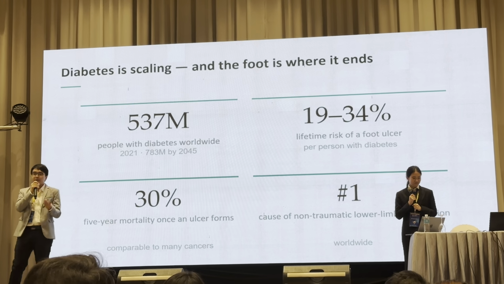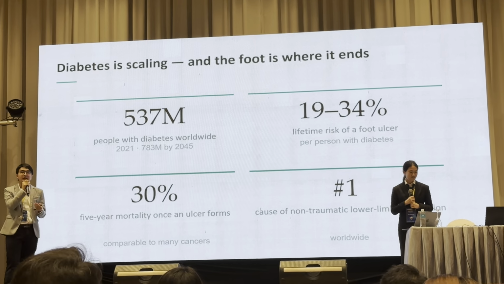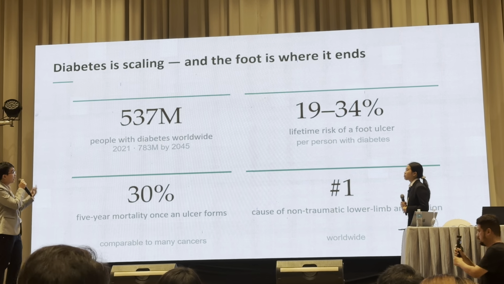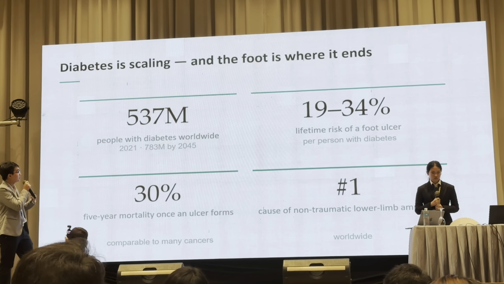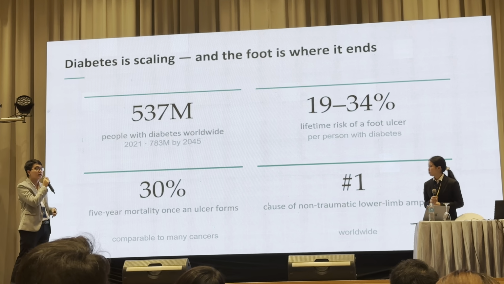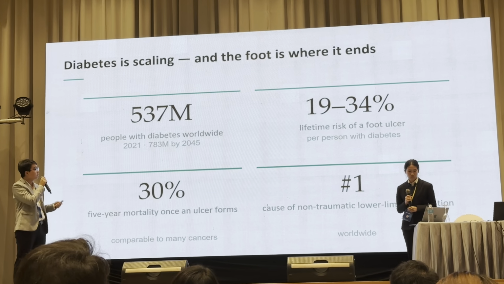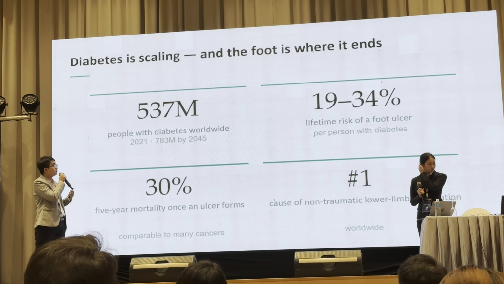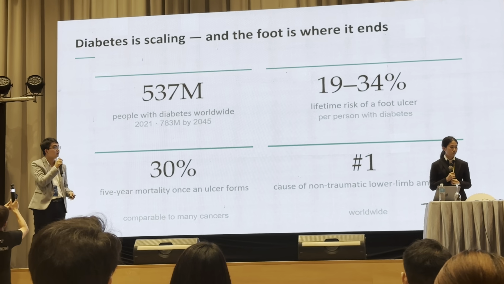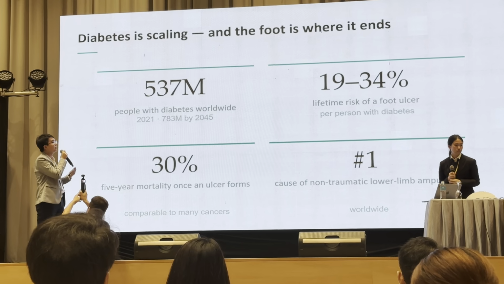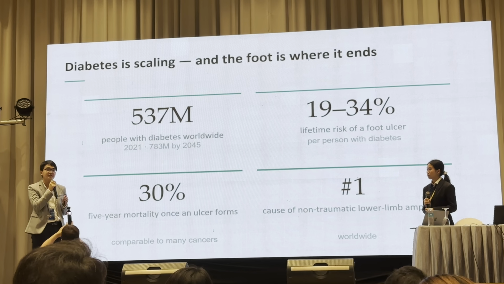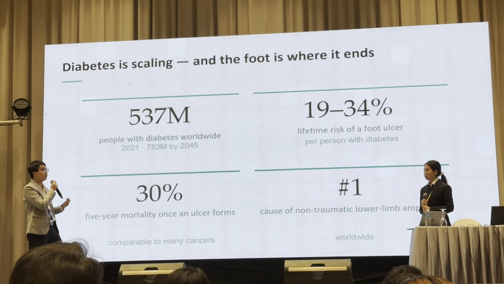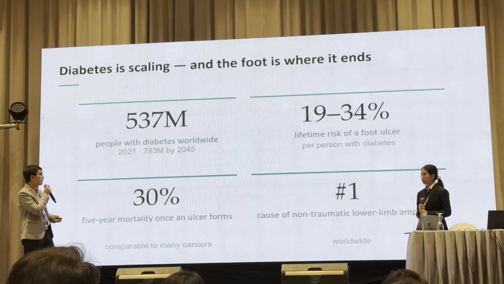So, diabetes is a common problem plaguing people all over the world, with 537 million people with diabetes worldwide by 2021. And it is expected to reach around 800 million by 2045. A person with diabetes has a lifetime risk of 19 to 34% of developing a foot ulcer within their lifespan.